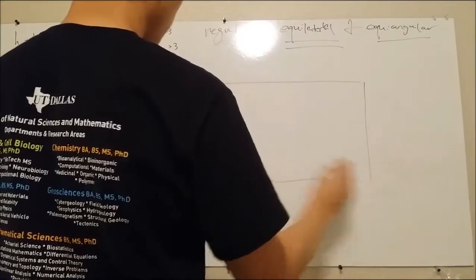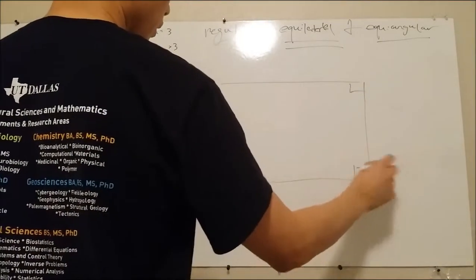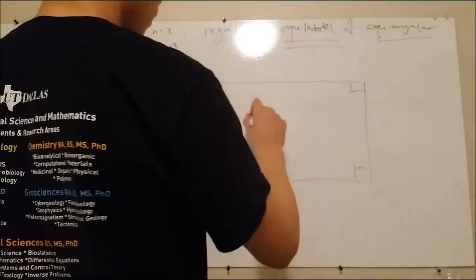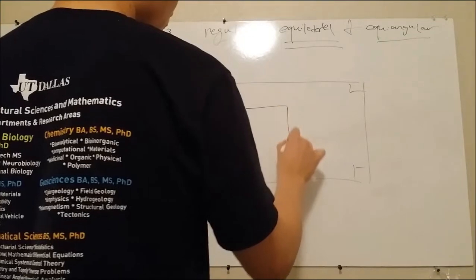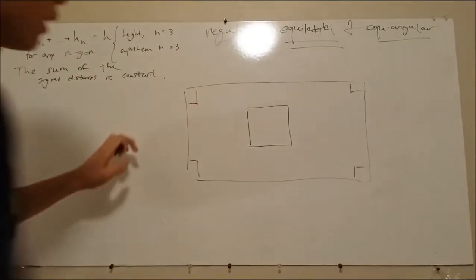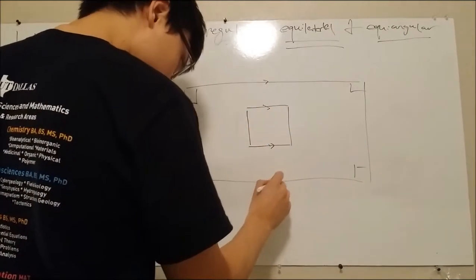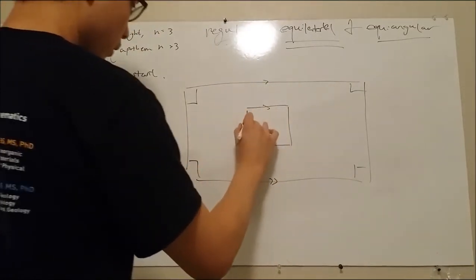Draw it a little big. Okay. Equiangular. And this time, you draw a regular polygon within it. Now, you want this to be oriented in such a way that the corresponding sides are parallel. Okay?